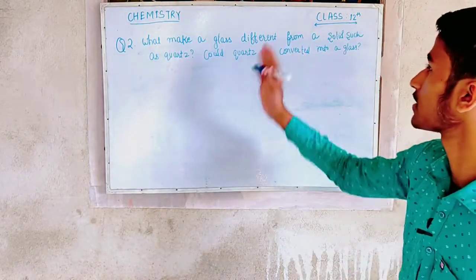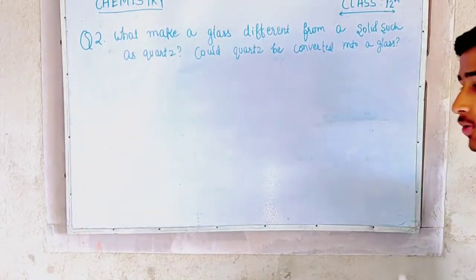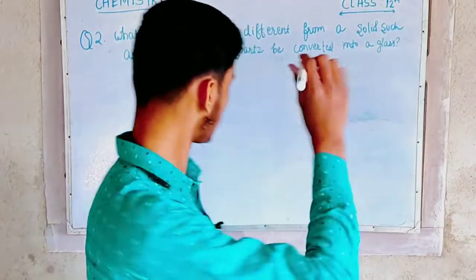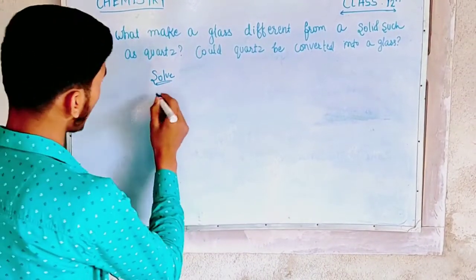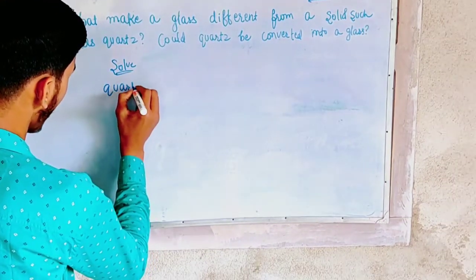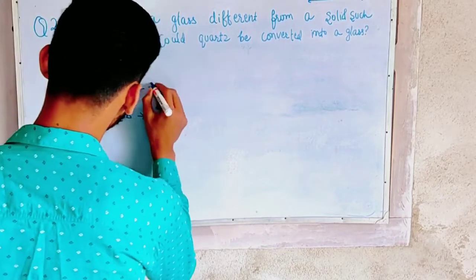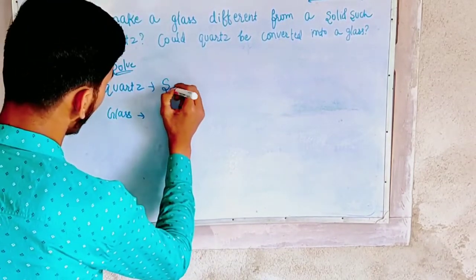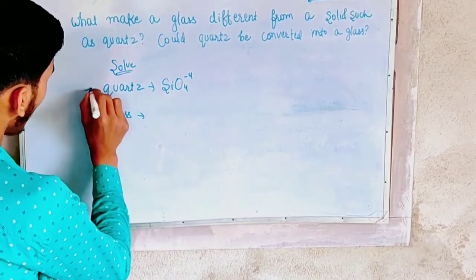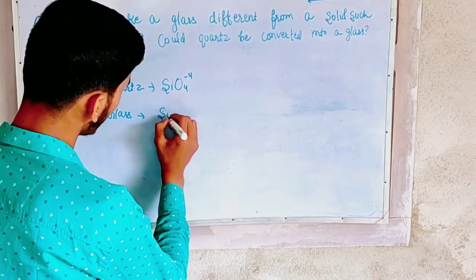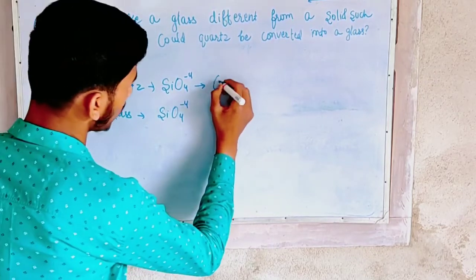We all know the chemical formula of quartz, SiO4 to the power minus 4, and the chemical formula of glass is the same.